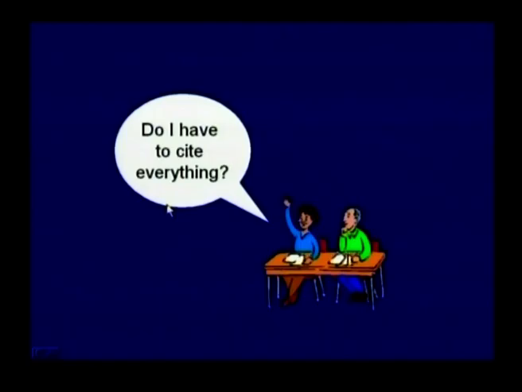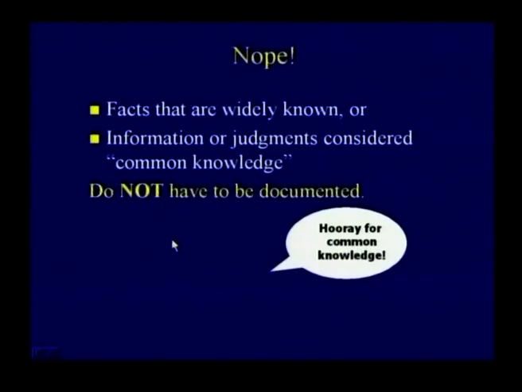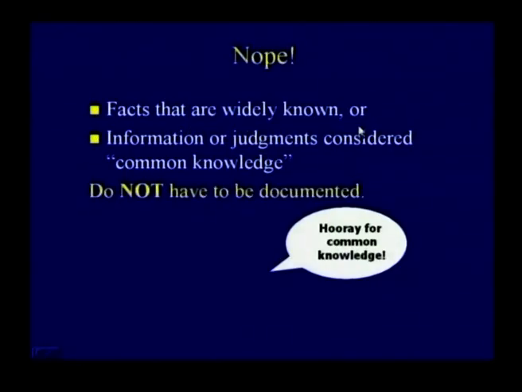So does this mean we need to cite everything? The answer is no. We don't need to cite everything, especially the things that are common knowledge. And what is common knowledge? Facts that are widely known, or information or judgments considered common knowledge.